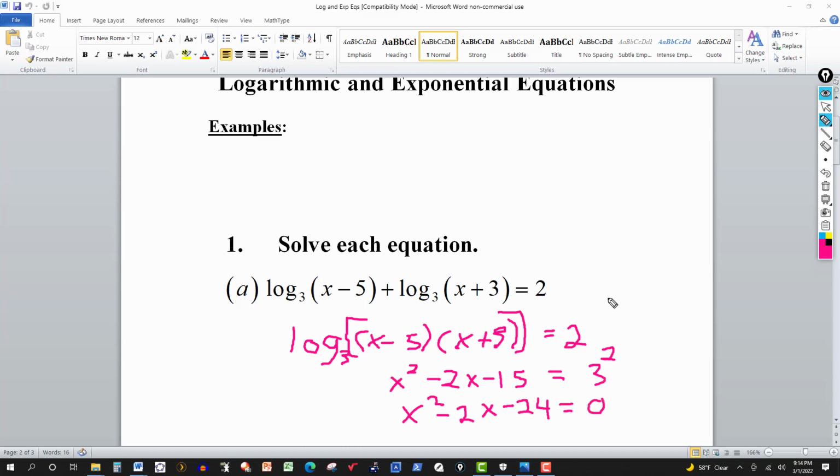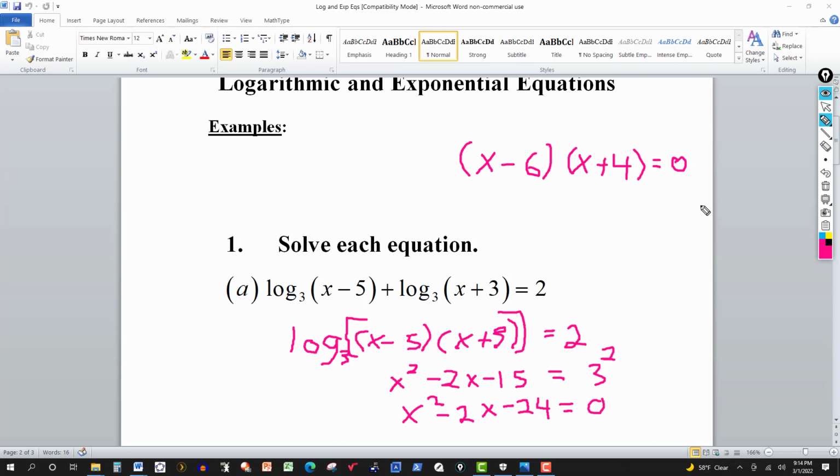Now you just have a regular quadratic equation. You can solve it by factoring. That x squared minus 2x minus 24 factors into x minus 6 and x plus 4, that's equal to 0.